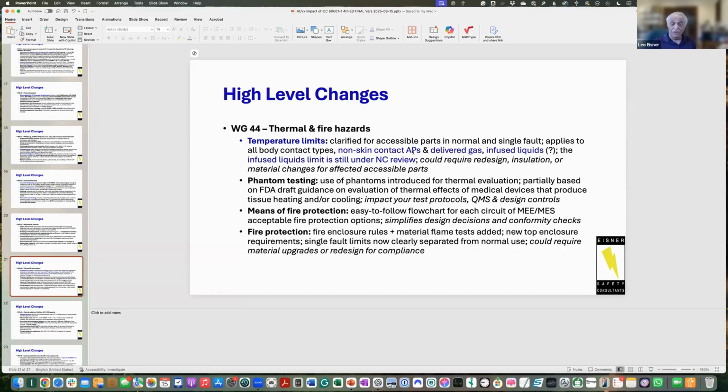Energy transfer generates power, and power generates temperature. Delivered gases are a new concept for temperature. Infused liquids having temperature is something being discussed: is that something we want to look at for temperature? Those are fair questions to ask. And looking at phantom testing, using the FDA guidance as a partial concept to look at.